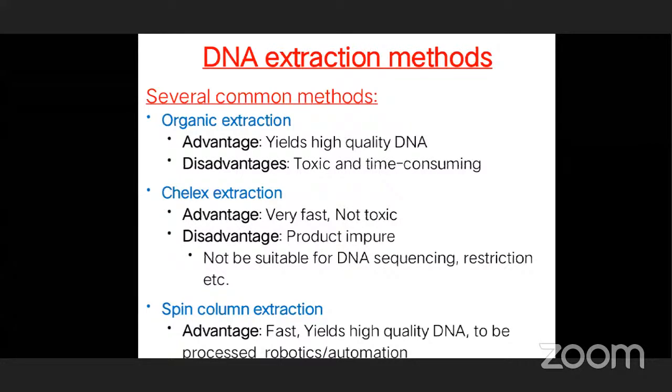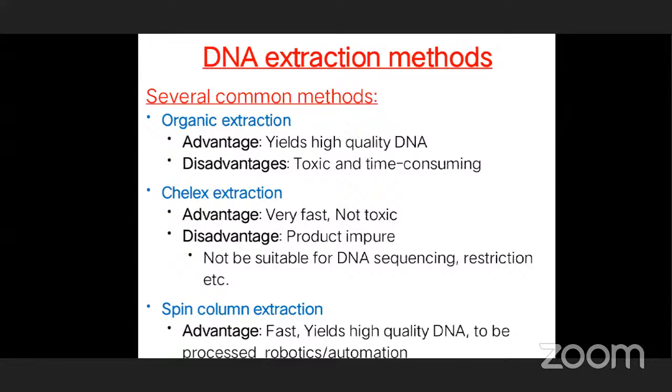Then let's move to the next method, the Chelex method. It is called the chelation method. For this chelation, EDTA is used. Also, chloroform or urea is used. These are the chelating agents. The advantage is that it is very fast and not toxic. DNA is isolated very fast, and this is a non-toxic method.